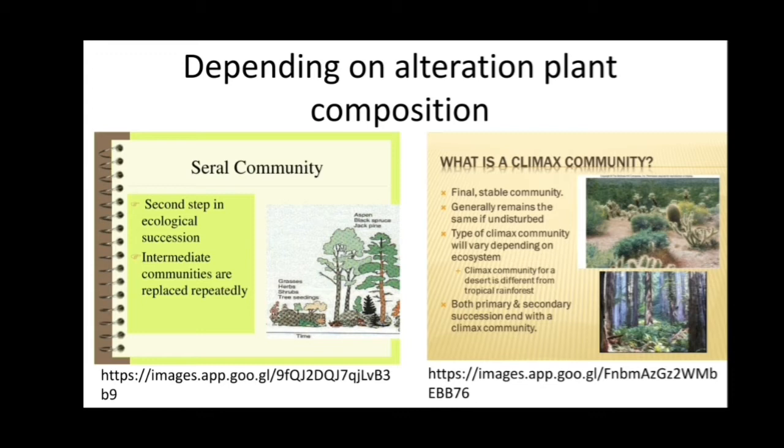Climax community is nothing but the final and stable community, which generally remains the same if undisturbed. The type of climax community will vary depending on the ecosystem. So the climax community of a desert is different from that of a tropical rainforest, right? Both primary and secondary succession end with a climax community.